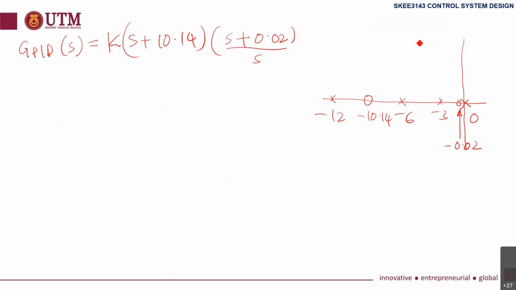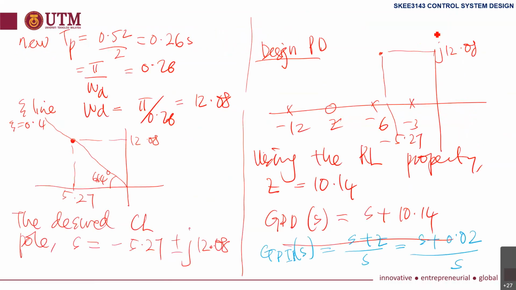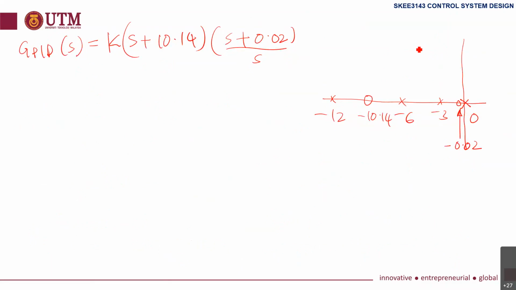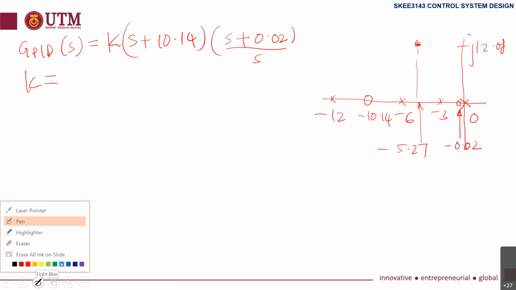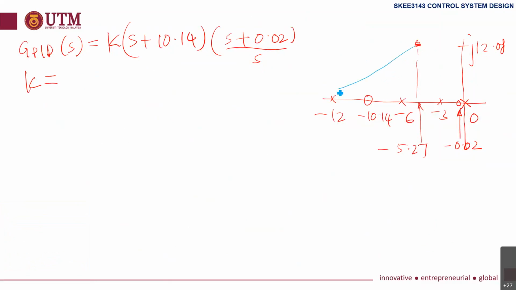Okay, our point is minus 5.27, j 12.08. Then we can calculate K using the lengths L1, L2, and so on.